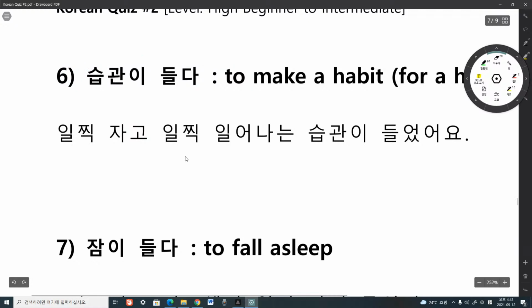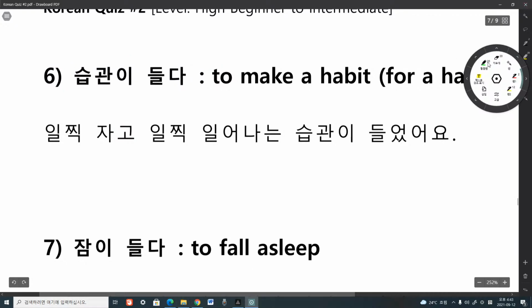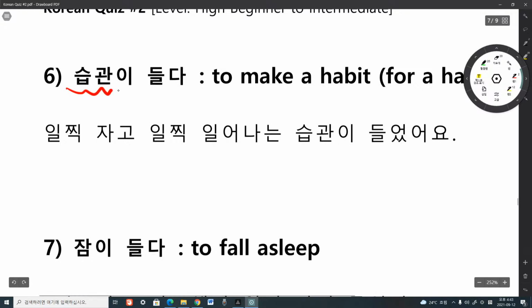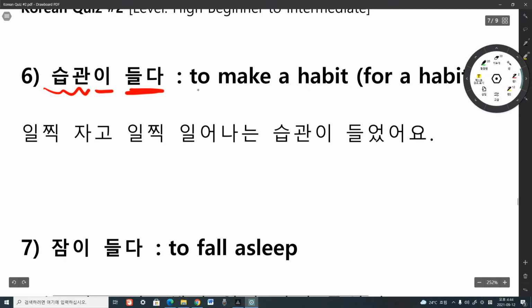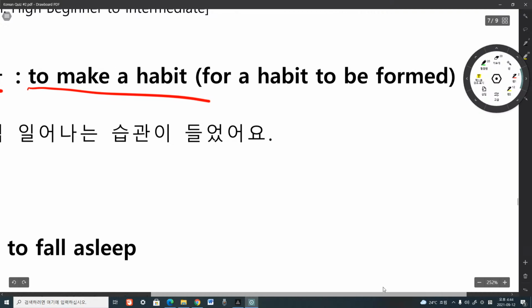It could also be good habits. So 습관이 들다 literally means for a habit to be formed. But in English, it's more natural to say I made a habit of doing something. So I brought this as a translation, but it literally means for a habit to be formed.